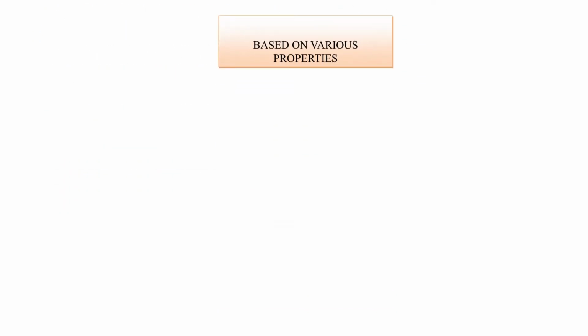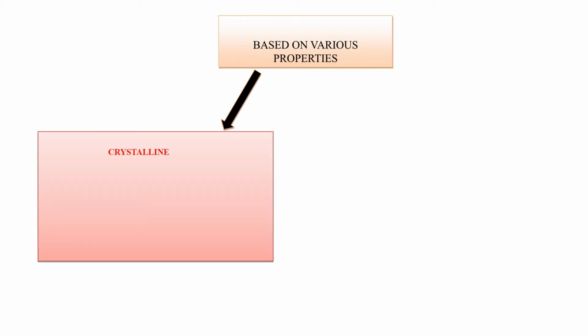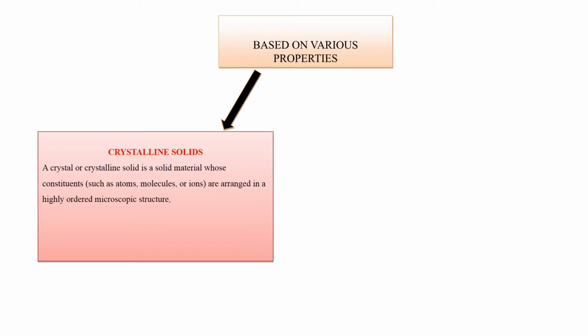Based on various properties, crystalline solids: a crystalline solid is a solid material whose constituents, such as atoms, molecules or ions, are arranged in a highly ordered microscopic structure, forming a crystal lattice that extends in all directions. Examples: diamond, metal, salt and quartz, etc.